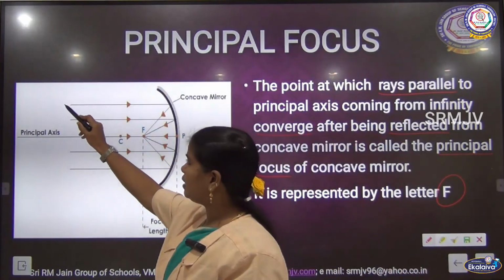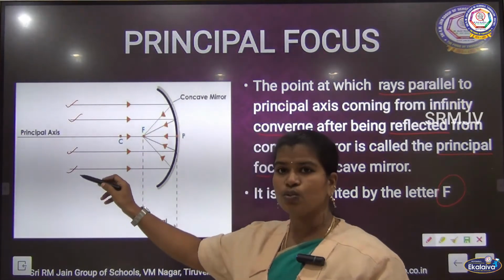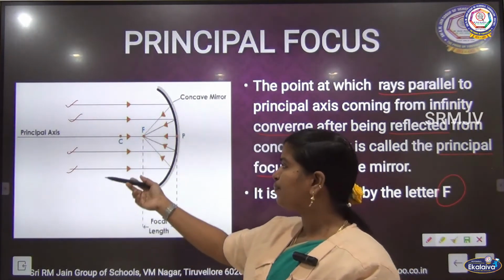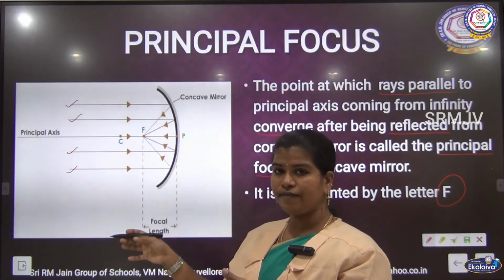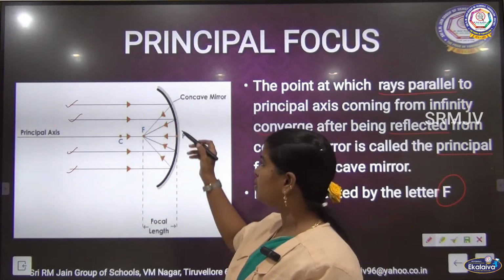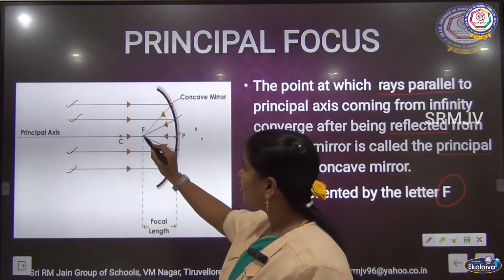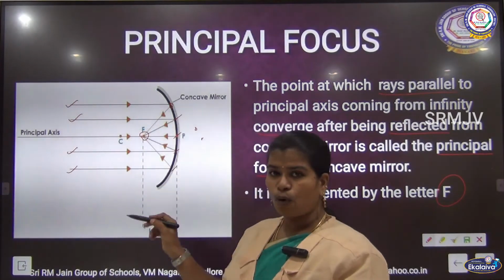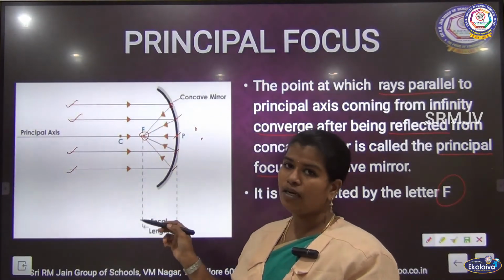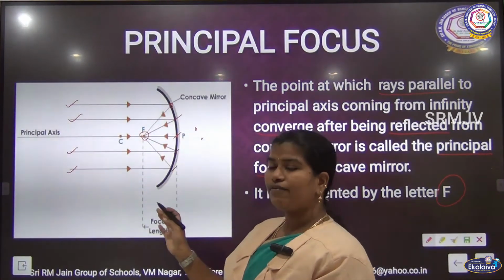These rays are parallel to the principal axis, coming from infinity, and after reflection they all meet at a point. That point is the principal focus.